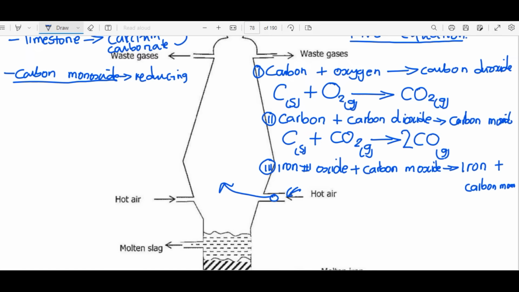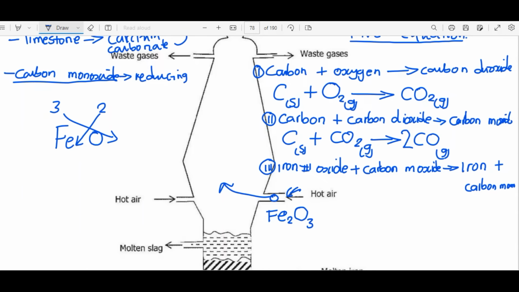Now let's show this by equation. Remember, iron has the chemical symbol of Fe with the valence of 3. We are using 3 since we can see that it's iron 3 oxide. Then the oxygen has a valence of 2. So if we swap these numbers, we are going to get this formula here.